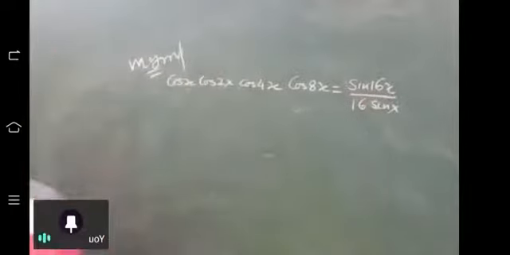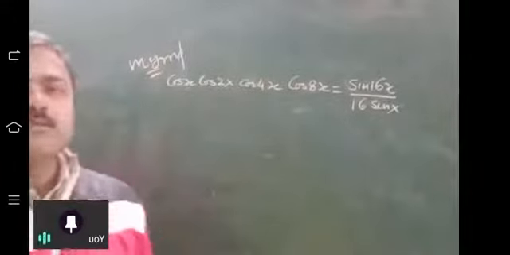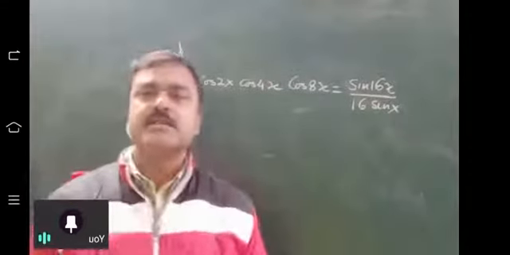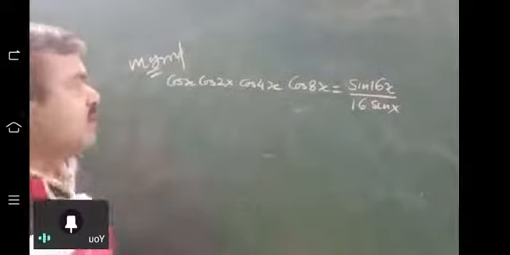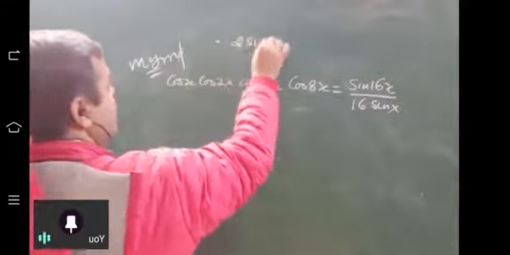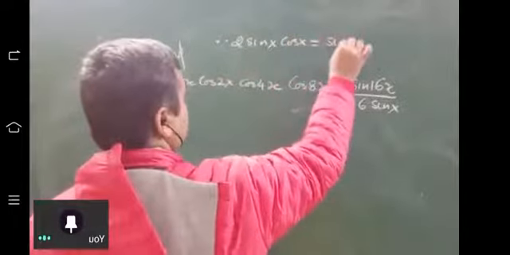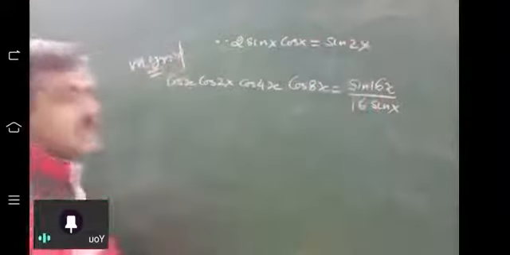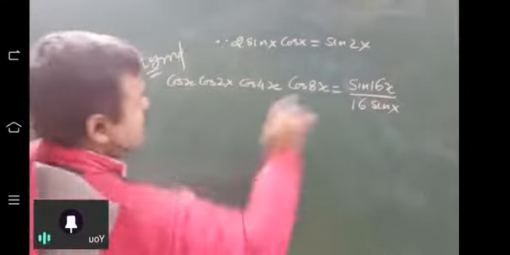Look, you know 2 sin x cos x equals sin 2x. Everyone knows this. Here I am writing the identity: 2 sin x cos x equals sin 2x. So what is required here in the left hand side?